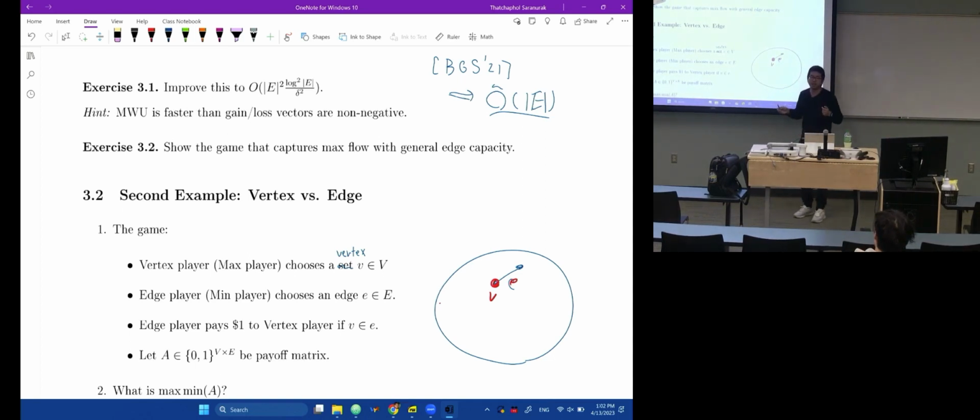For vertex cover, you choose fractional vertex weights so that every edge is covered up to 1 and you want to minimize the total size. Here you just choose the distribution of vertices, total size 1, but maximize the extent that every edge is covered.